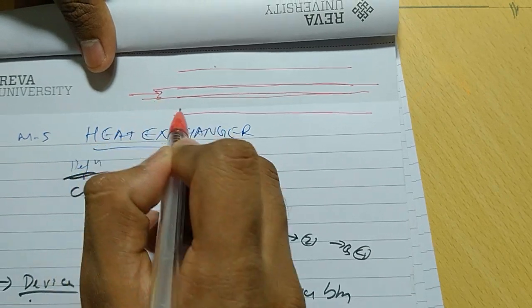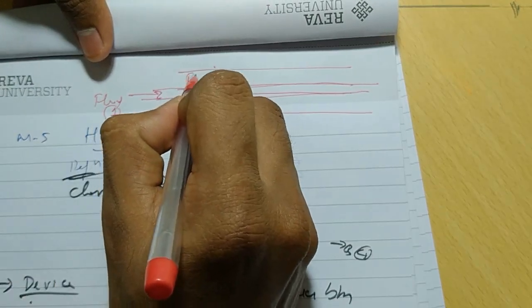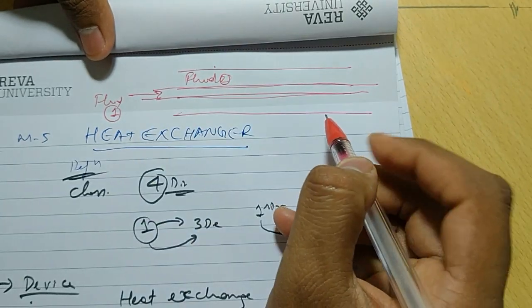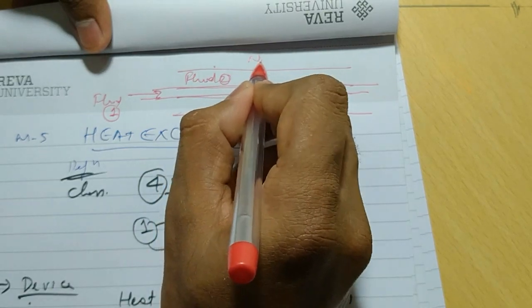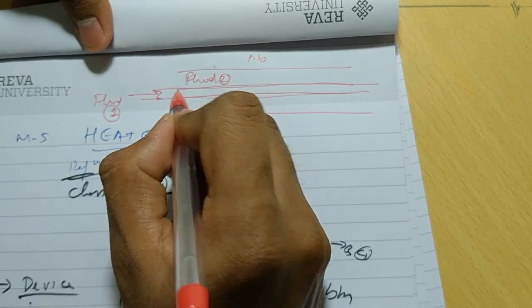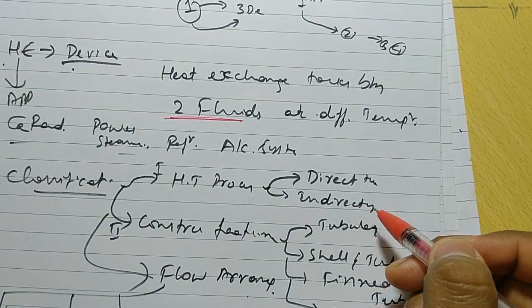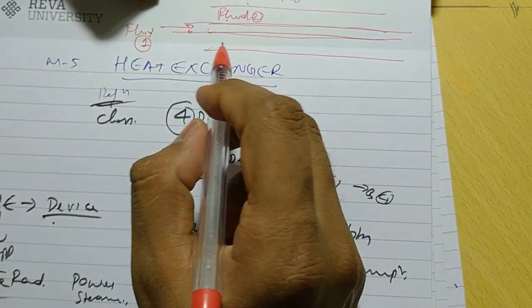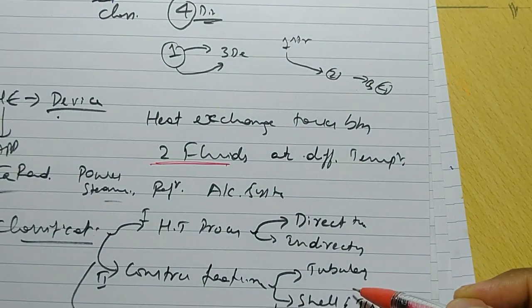Here fluid 1 is passing, and here fluid 2 is passing. Try to understand, there is no contact between fluid 1 and fluid 2, so that is called the indirect type of heat transfer. And if it is made up of concentric tubes, it is called the tubular heat exchanger.